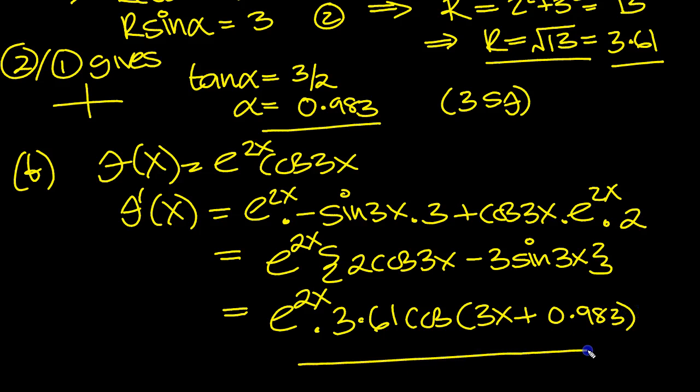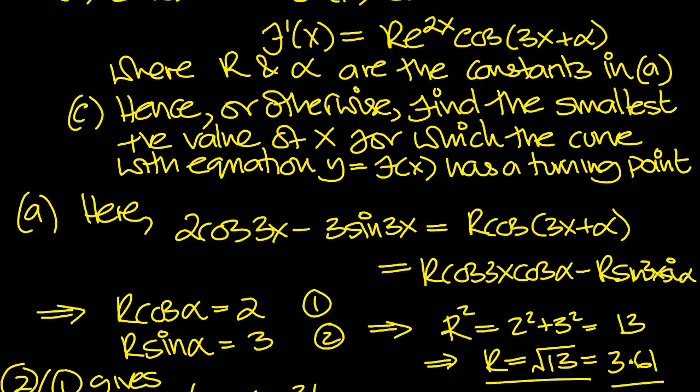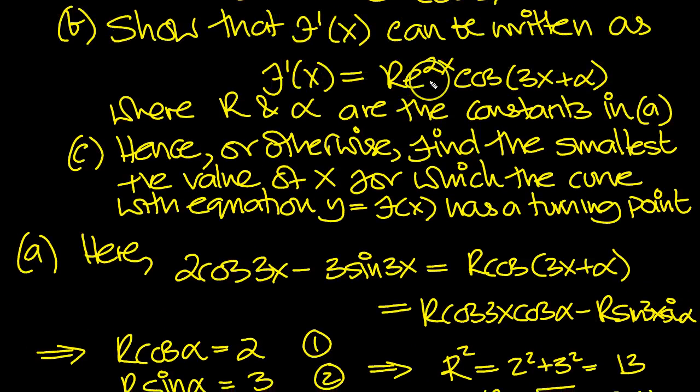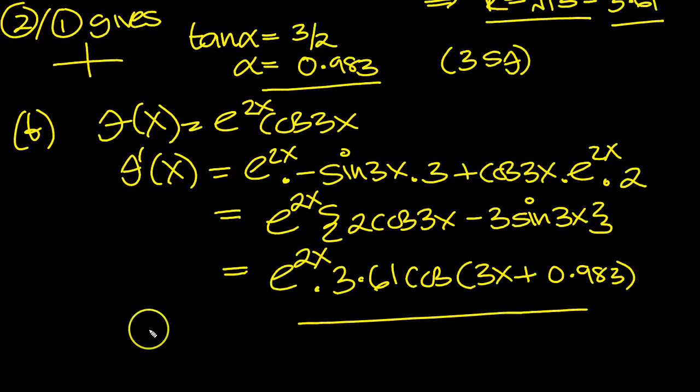So there's f dash, and let's just go back up and verify that we're okay. Yes, we've done that here. Now, find the smallest positive value of x for which the curve with equation this has a turning point. So we need the smallest positive value when this equals 0.